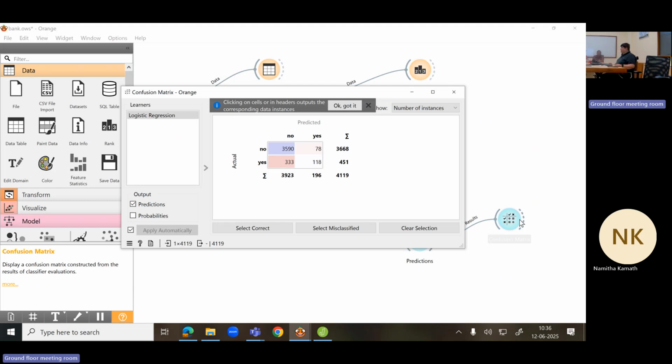Okay, 90%. So it has cleared that cutoff. But am I interested in the overall accuracy, or in the class I'm really interested in? Yes, I'm interested in yes.